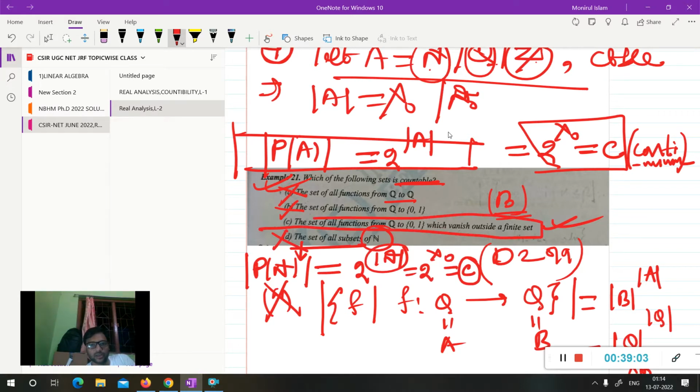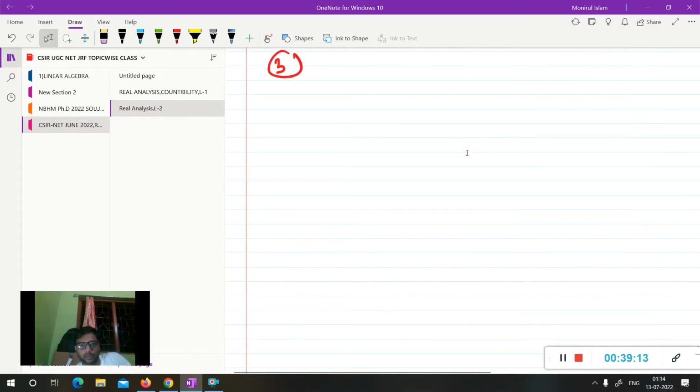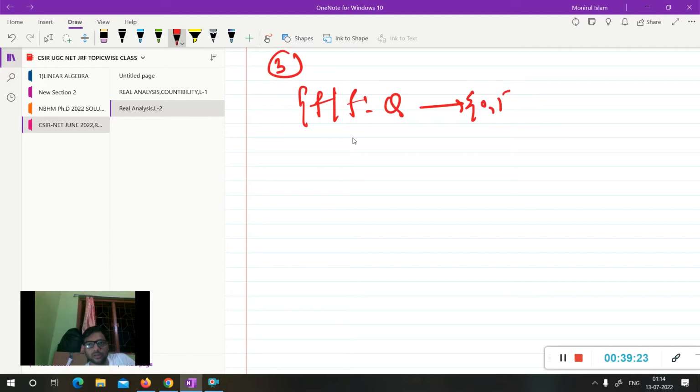What does it say? It says the set of functions from Q to {0, 1} which vanish outside a finite set. This is the correct one. It is a countable set. So you can verify it easily. See, I am going to verify this. Option 3 is the set of all functions from Q to {0, 1}. If it were all functions from Q to {0, 1}, that is obviously uncountable.